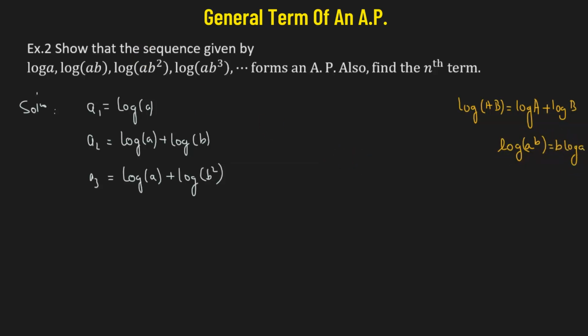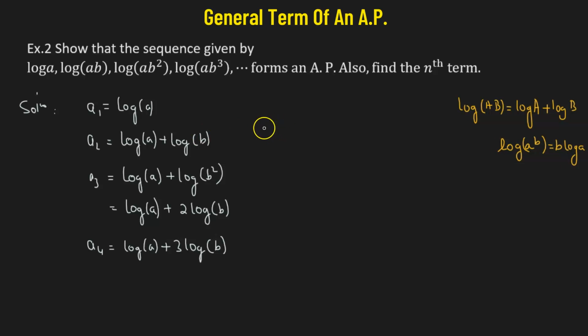So that means we now have log of a plus 2 times log of b. So this is going to be our third term. Now coming to our fourth term, if we use these two properties, then we'll get log of a plus 3 times log of b. So we have the first 4 terms.